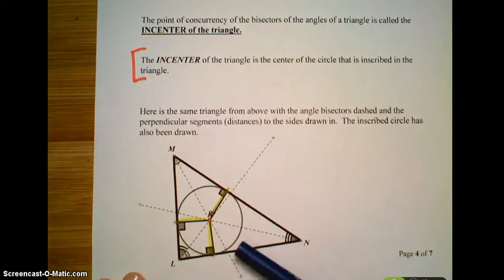It's going to take construction to make this, and we'll see that construction in another video. So let us move on to page 5.